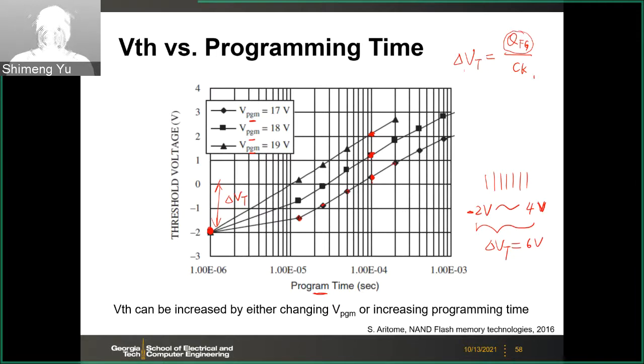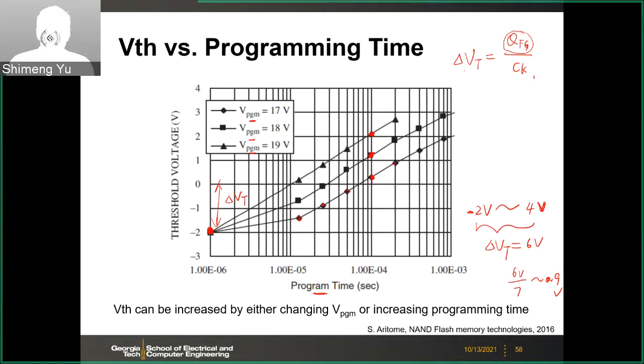Then you need to roughly divide this into 7 bins, 7 segments, so like 0.8 or 0.9 volts per level. I mean the distance. So you still have some space.